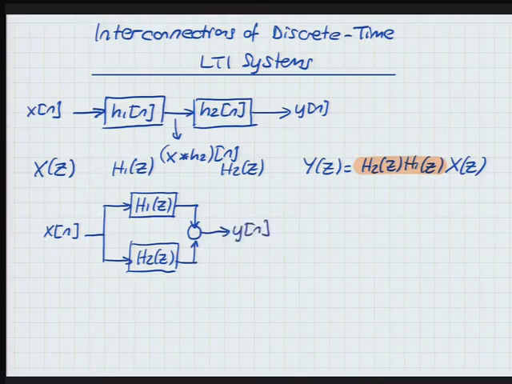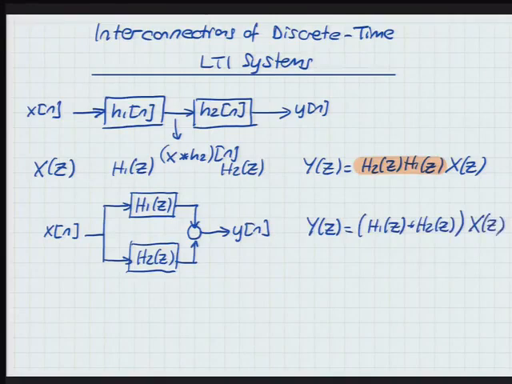All right, so clearly Y of Z in this case is H1 of Z times X of Z plus H2 of Z times X of Z. So you just add the two up. H1 of Z plus H2 of Z times X of Z. And that means the sum of the two transfer functions is the transfer function for this parallel interconnection.